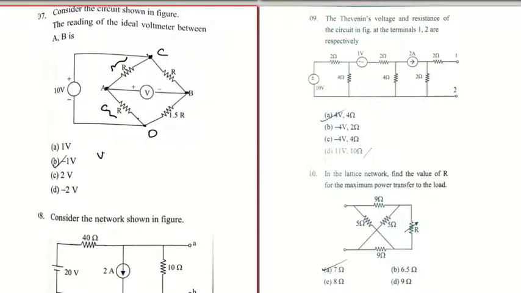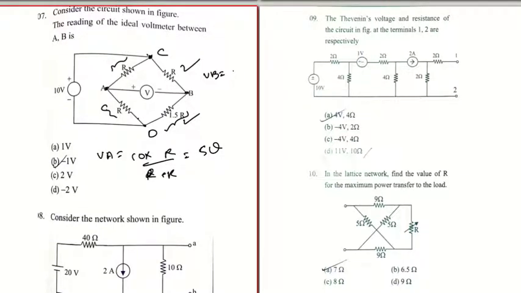So the 10 volt is divided between this R and this R. So the voltage drop across the second resistance is our VA. So applying the voltage division principle, it will be 10 into R divided by R plus R, which is equal to 5 volt. So our VA is equal to 5 volt. Similarly, the voltage drop across C and D is 10, and it is being divided between this R and 1.5 R. So VB is the voltage drop across this 1.5 R resistance.